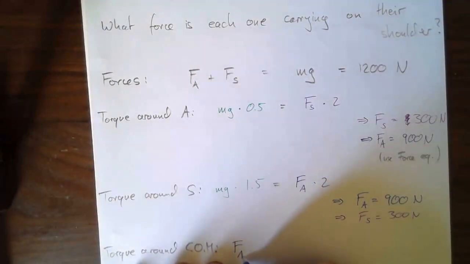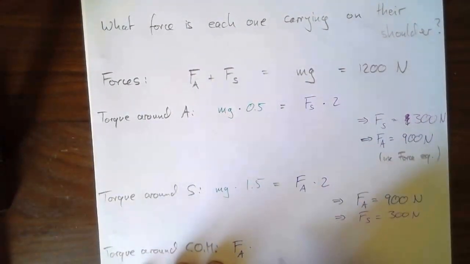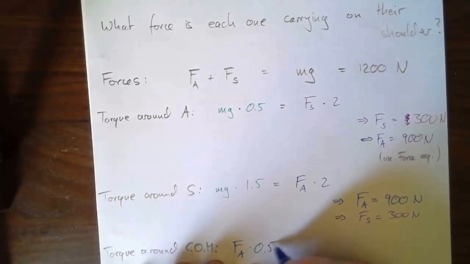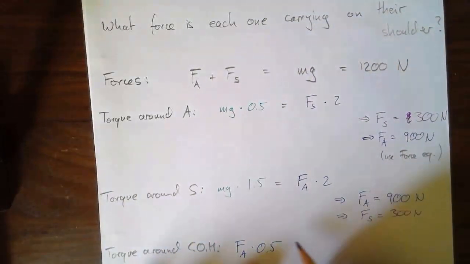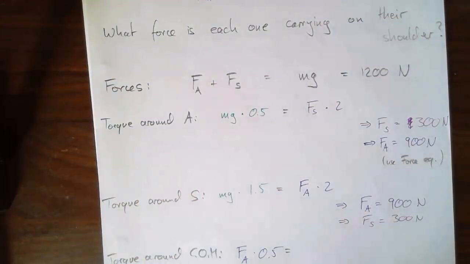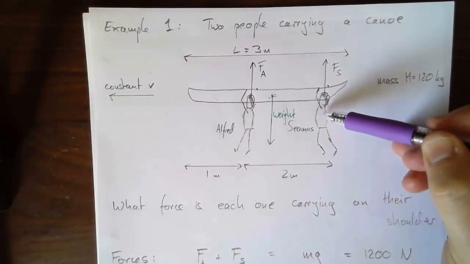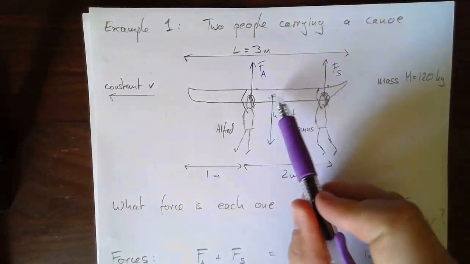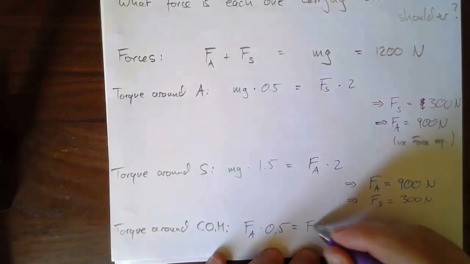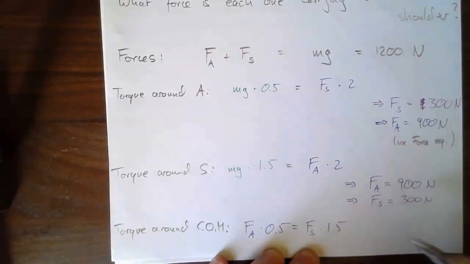So FA times 0.5 is equal to what's going counterclockwise. Counterclockwise, Seamus is pushing, but Seamus is 1.5 meters away. So that's equal to Fs times 1.5.